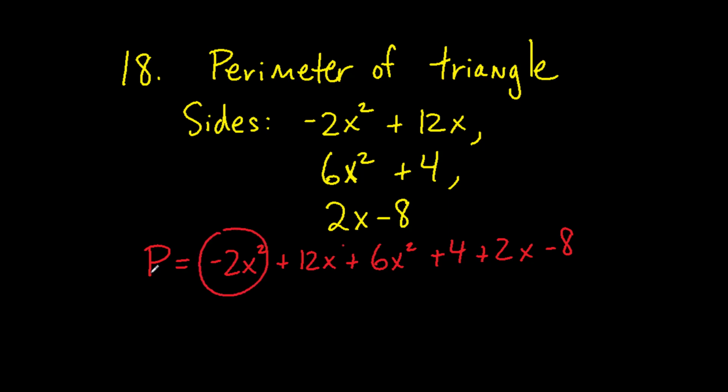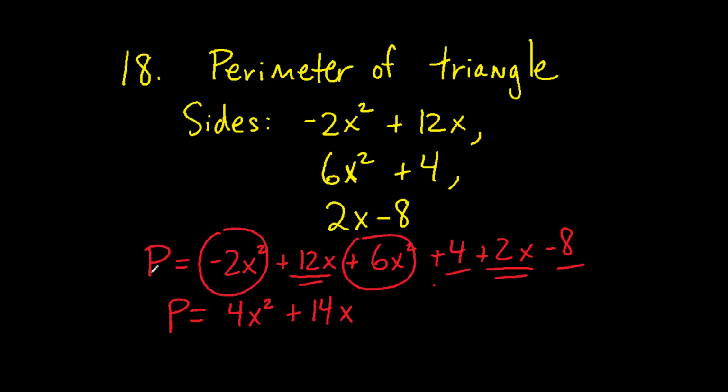Those are like terms. So the perimeter will be negative 2 plus 6, which is 4x squared. And for the next term of our answer, we have positive 12x and 2x. We want to add those together to give us 14x. And then the constants, 4 minus 8 is negative 4. So this expression represents the perimeter of the triangle with those three given sides.